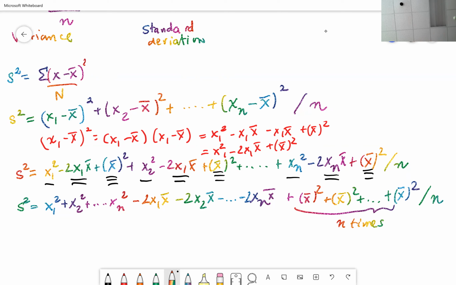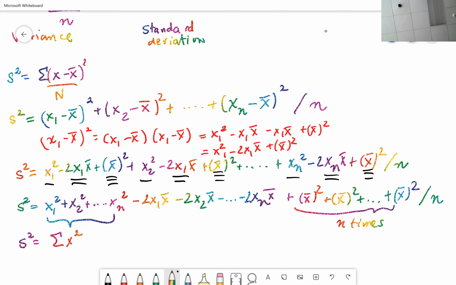Now, here's what happens. If you add up all these numbers, you could just say the sum of x squared is x of 1 squared plus x of 2 squared plus all the way to x of n squared. Just add up all the numbers squared.